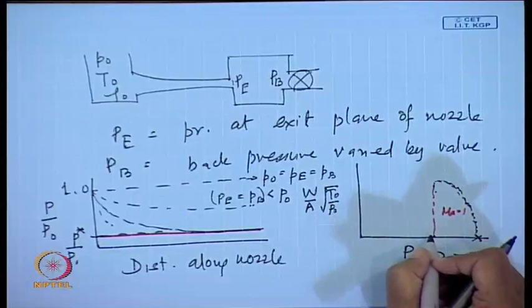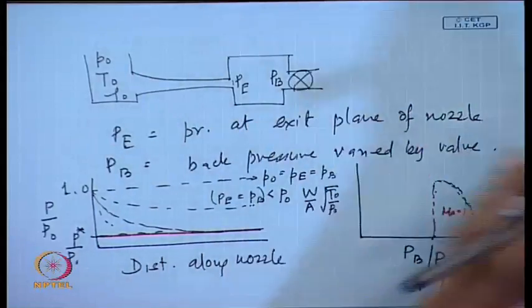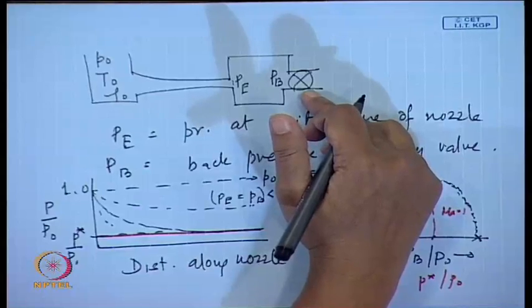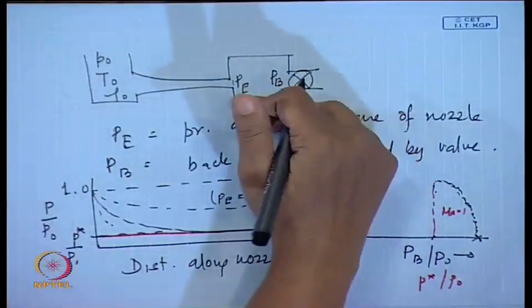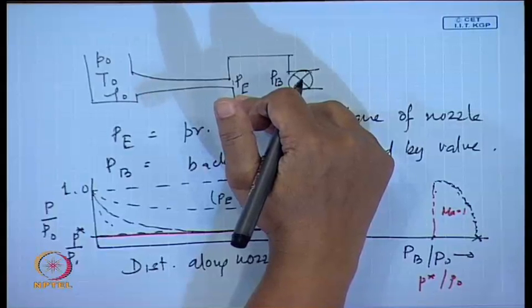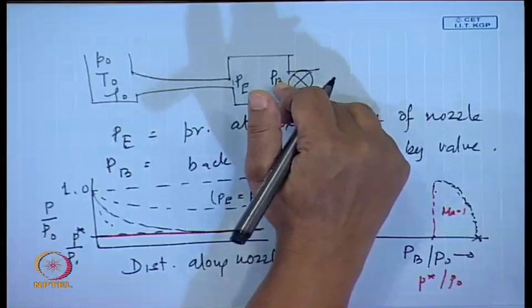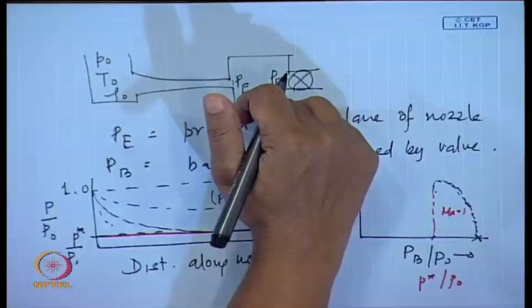Now, after this we again keep on reducing the pressure. When we again keep on reducing the pressure, we find that P_E cannot be reduced any further, that becomes constant. P_B can be reduced, but P_B is not equal to P_E, P_E cannot be reduced any further.